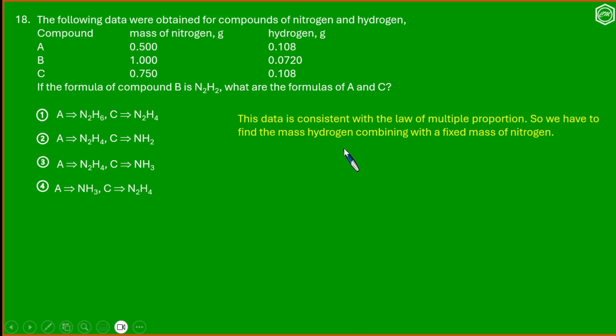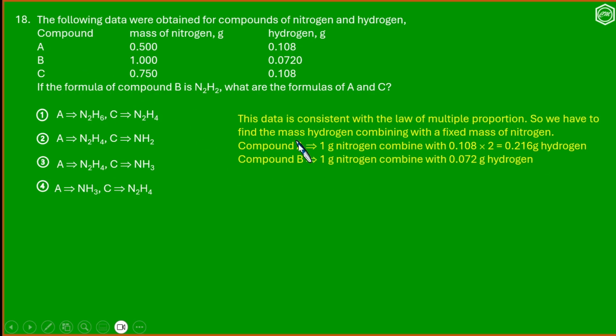So we have to find the mass of hydrogen combining with a fixed mass of nitrogen. In compound A, 0.5 gram nitrogen combines with 0.108 gram hydrogen. So 1 gram nitrogen combines with 0.108 into 2, that is 0.216 gram hydrogen.